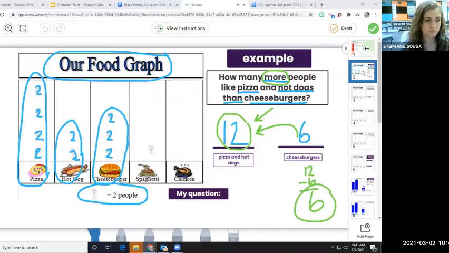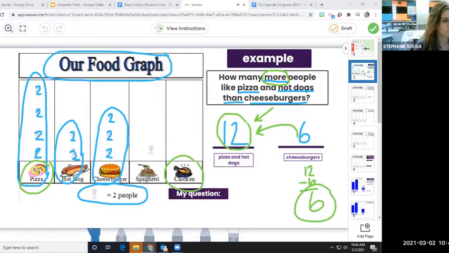My question for this graph needs to start with those question words, and I need to think about the categories that I see. I'm going to ask, how many people like chicken and pizza? That is a question I could ask another friend about this graph.